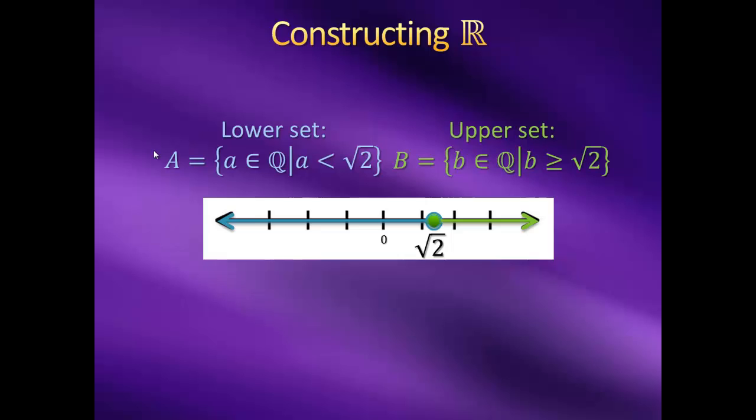So the solution x to that equation must be irrational. Whatever irrational number x happens to be, the lower set of our Dedekind cut contains all the rational numbers that are less than x. Then the upper set contains all the rational numbers that are greater than or equal to x. But there is no rational number whose square is 2. So everything in the upper set is actually strictly greater than x.